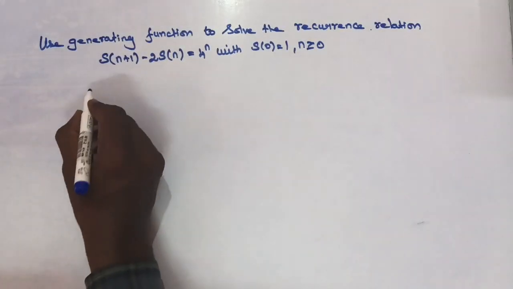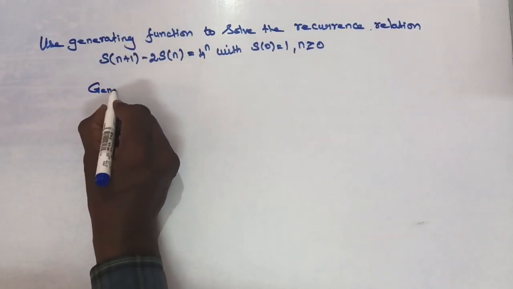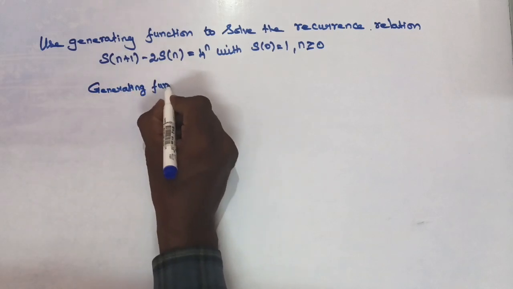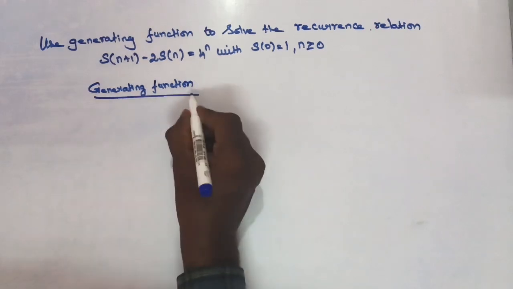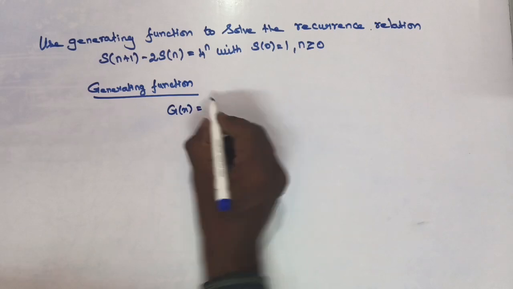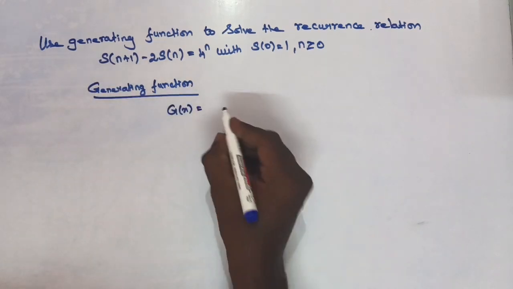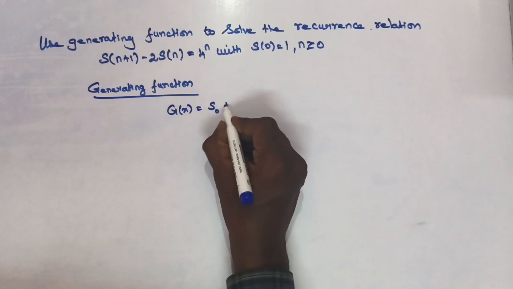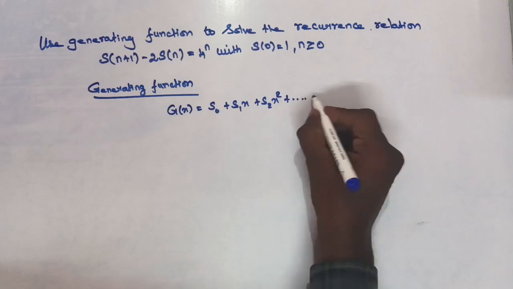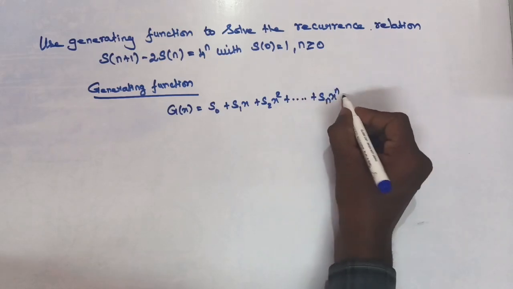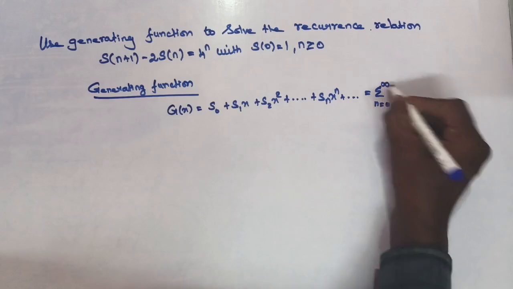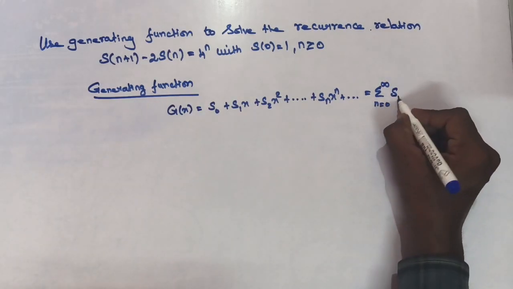Let us consider the generating function. The generating function is denoted by g(x), which is equal to, here we are considering s, so we can take it as s0 plus s1 x plus s2 x square plus up to etc. plus sn x power n plus up to etc. That is equal to the summation of n equal to 0 to infinity, sn x power n.